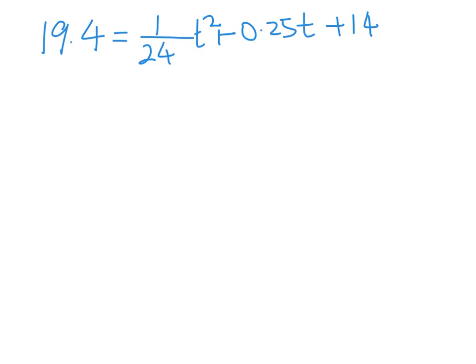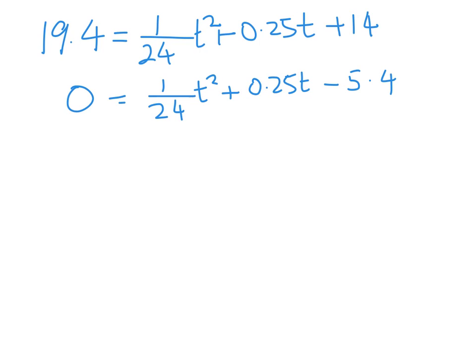We need to equate it to 0, so we get 0 is equal to 1/24 t squared plus 0.25 t minus 5.4. Right, now it's fine to reach for your graphics calculator at this point and solve that equation. You're going to have to do the quadratic formula on it, and you're going to get two values of t.